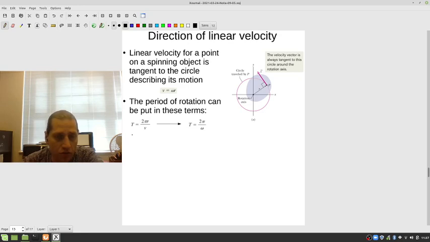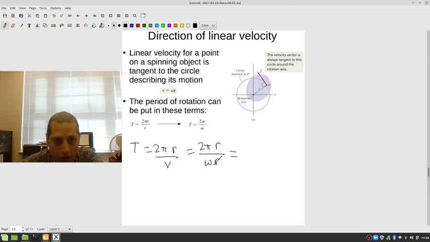There's a little piece of notational change. The period, T, is how long it takes for this point to come back all the way around. So it was 2 pi r, that's the circumference, divided by v, the speed at which this point is going around. So if you wanted to put that in angular terms, T equals 2 pi r over v, and v could also be written as omega times r.